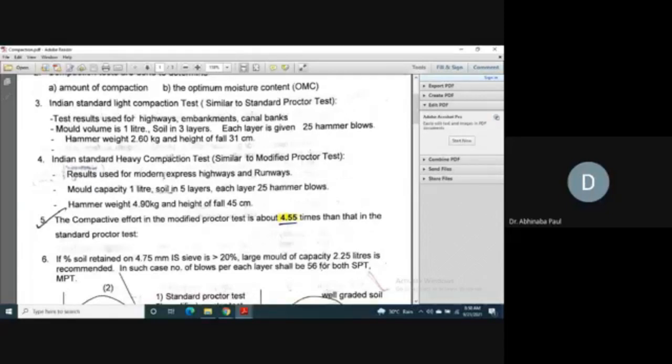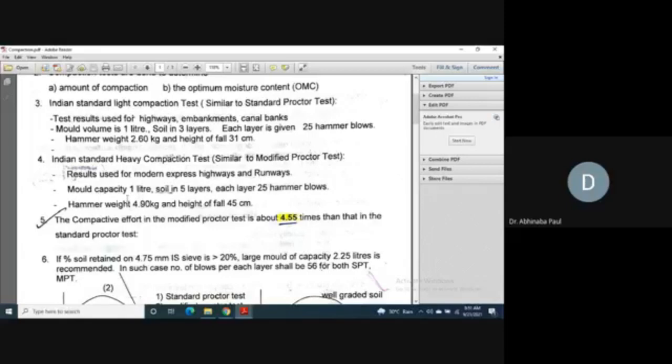Now in some cases this kind of compaction is not enough. We need the soil to get compacted a little more. So in that case we go for heavy compaction, that is modified Proctor. This is used for express highways and for runways.